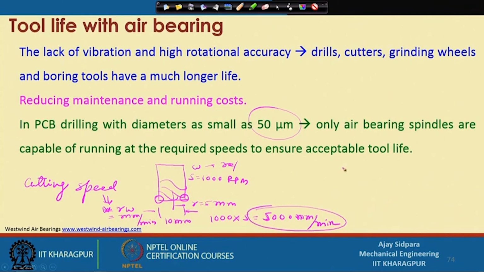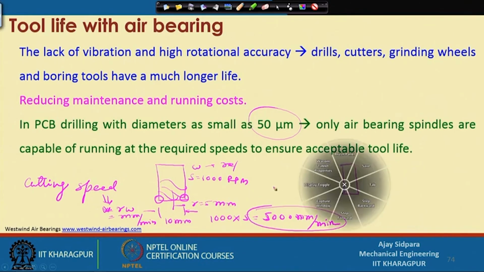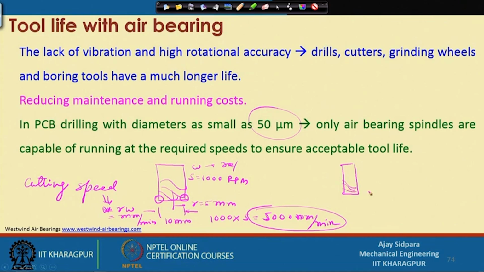Now, consider another tool. Let us not go into too much micron detail, but consider 1 millimeter only, and again we want the same thing. So, if you want to maintain this 5000 millimeter per minute, we have the formula again, V equals r omega, so 5000 equals 0.5 times omega, because now our radius is reduced to 0.5 and our diameter is 1 millimeter.